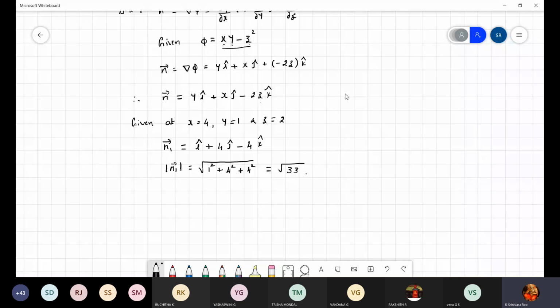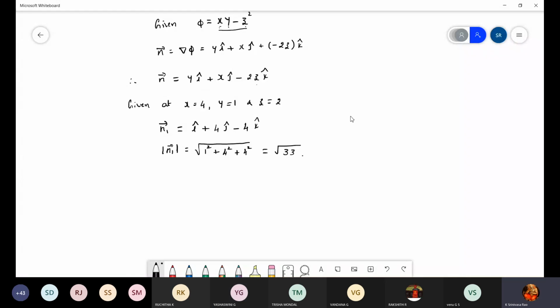Yes, sir. Okay. Second point is 3, 3, minus 3: x equals 3, y also 3, and z equals minus 3.